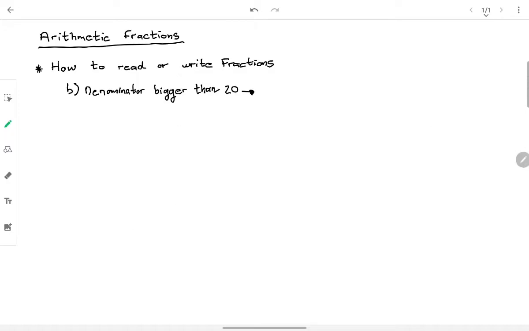Now let's see how to read or write fractions where denominator is bigger than 20. It's going to be easier. Why? We only need to put the numerator, the word over, and then denominator.